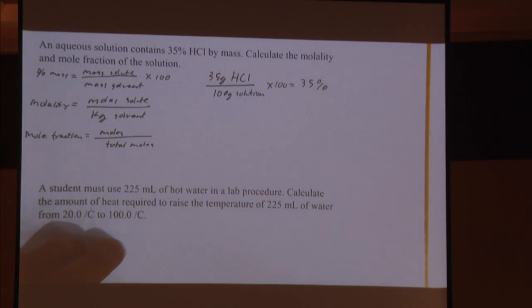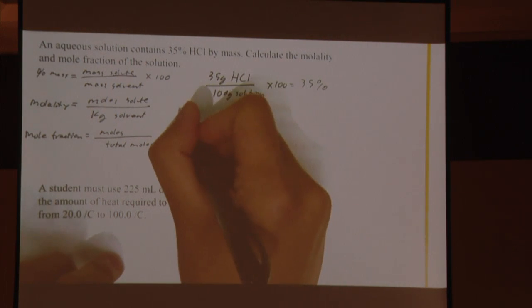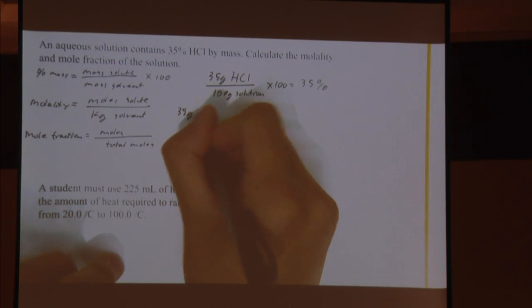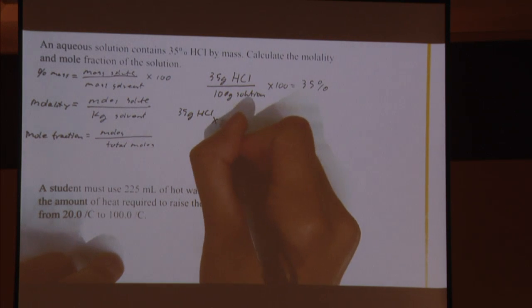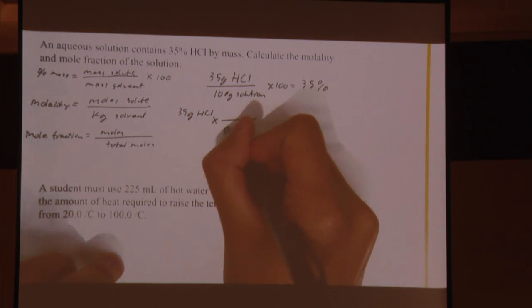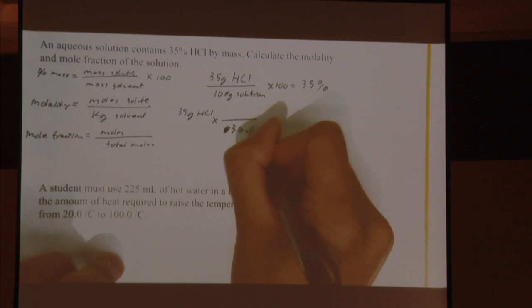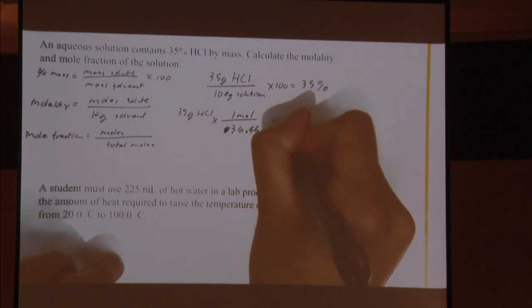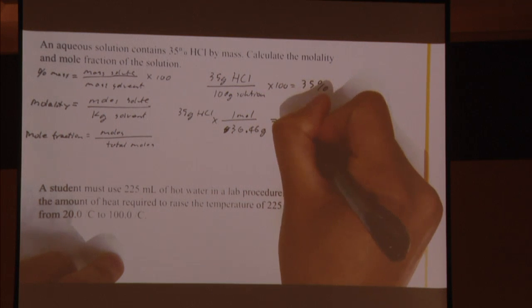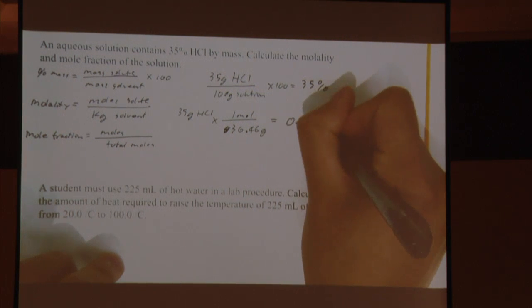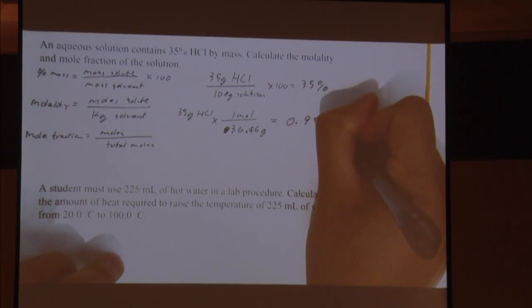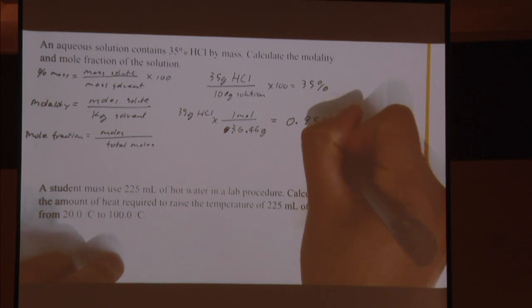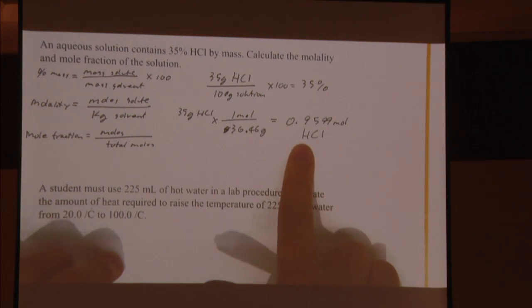And from here, now we need to figure out how many moles of hydrochloric acid that we have. So this is the number of moles of hydrochloric acid.